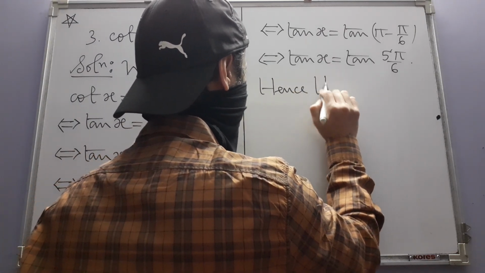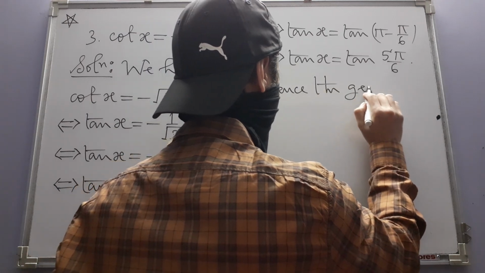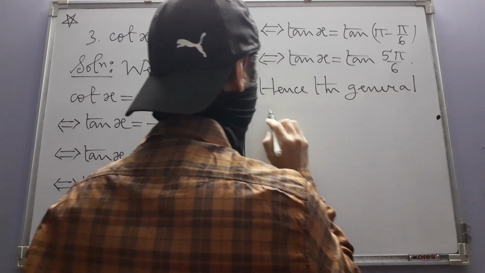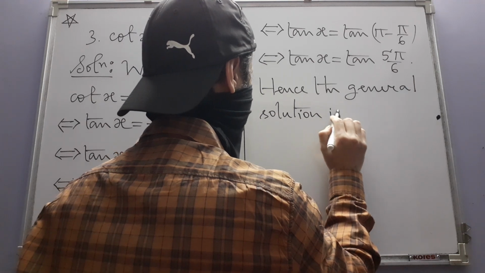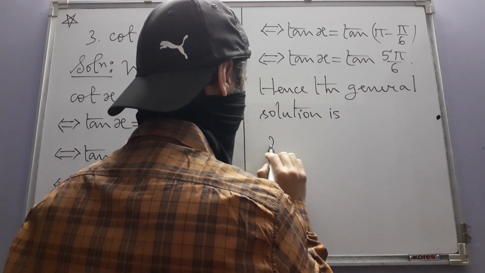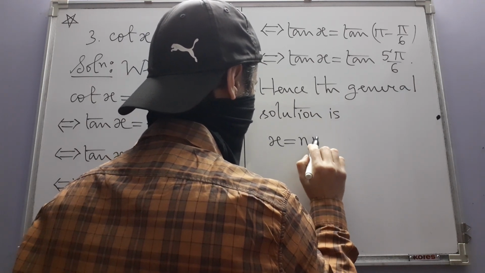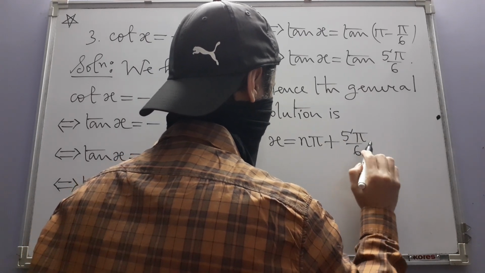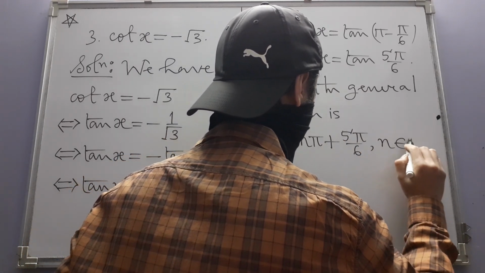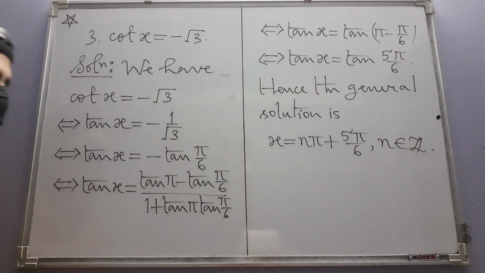Hence, the general solution is x equal to n pi plus 5 pi over 6, where n is an integer.